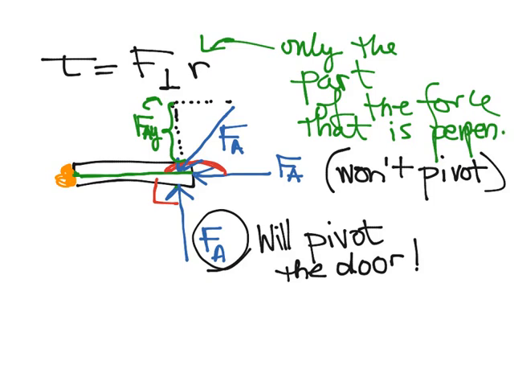Now the r is the distance between the pivot point where this thing is rotating or swinging and the place where you've applied your force. In this case, if you're putting your force at the edge of the door, that would just be the distance between the hinge and the place where you're applying the force.